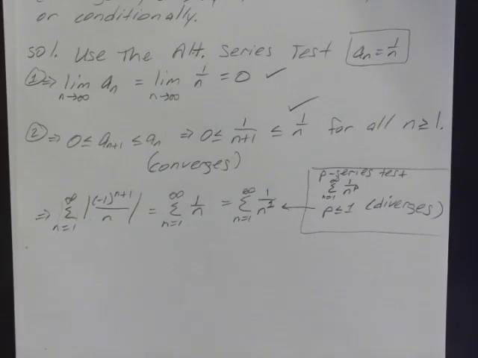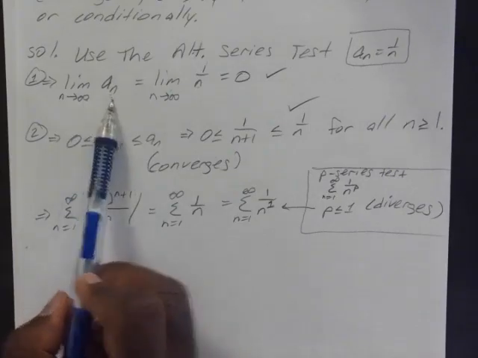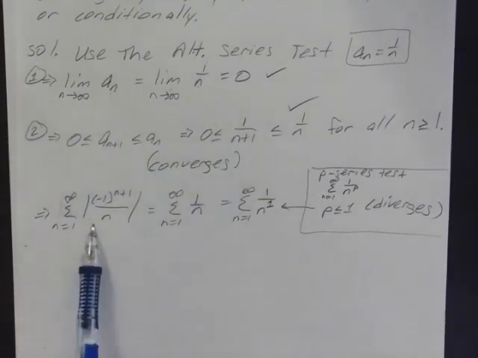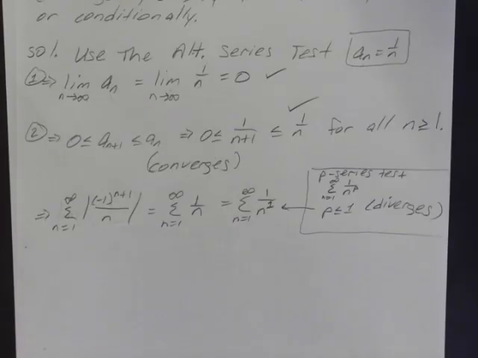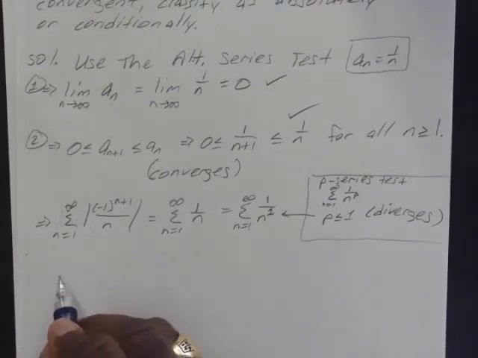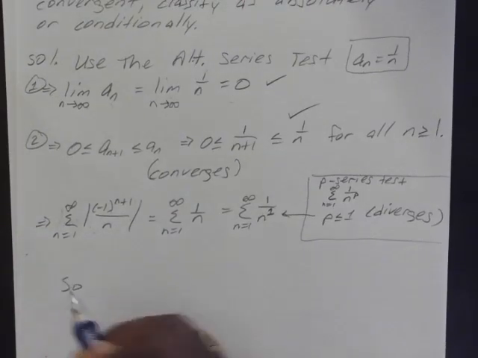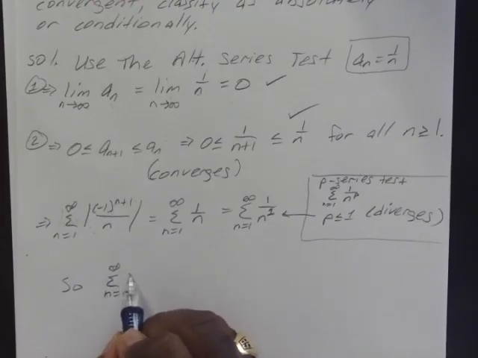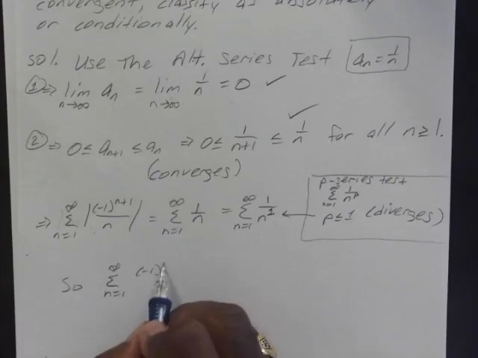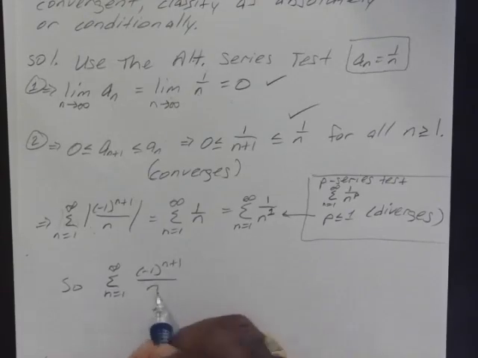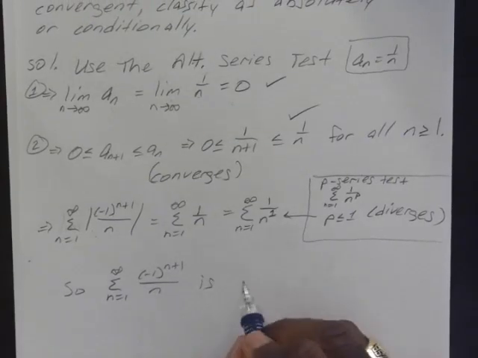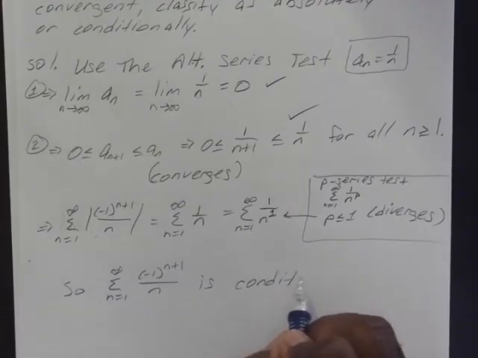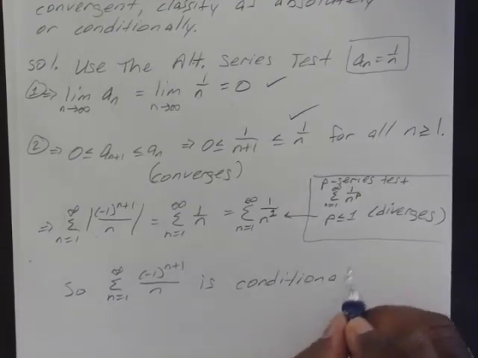Okay, so we can see that your series converges, but the absolute value is divergent. So this is conditionally convergent. So we know the sum from n equals 1 to infinity of negative 1 to the power of n plus 1 over n is conditionally convergent.